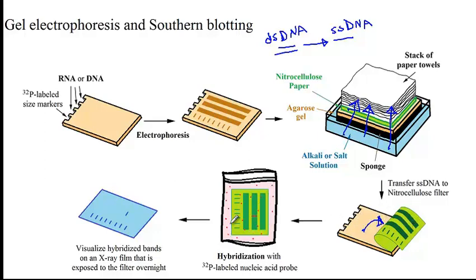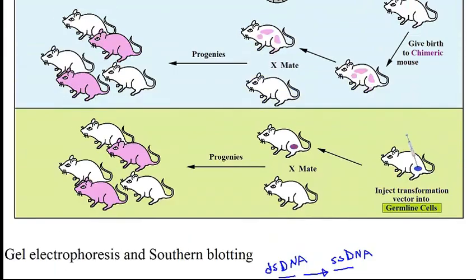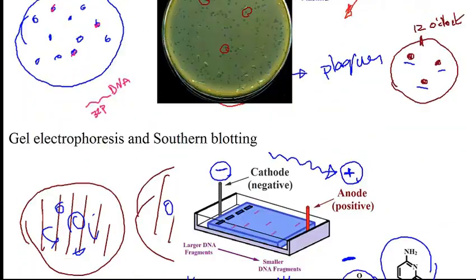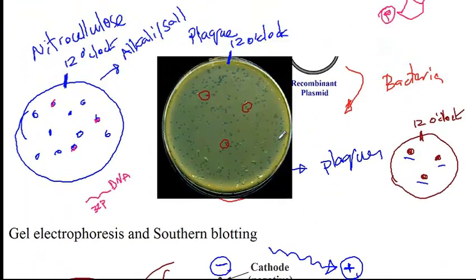Now we have a nitrocellulose paper that has single-stranded DNA. And now we will hybridize this paper with P32 labeled nucleic acid probe. So similar probe that we have used earlier for marking the plaques that is carrying the gene of interest, we can use the similar probe here because it will bind our gene of interest.